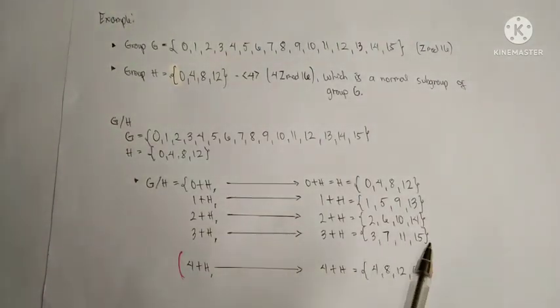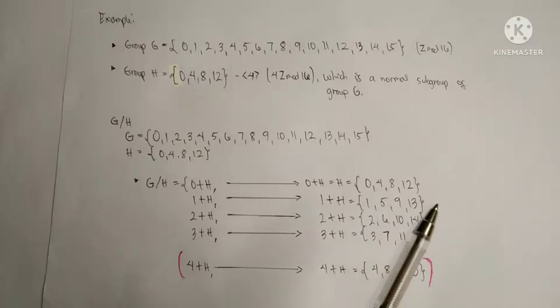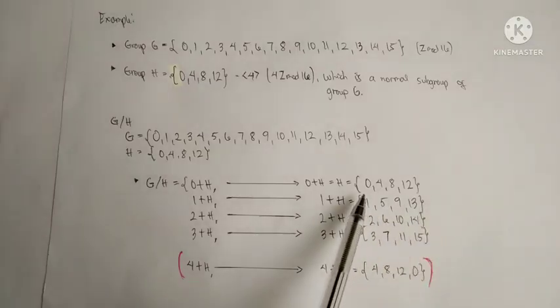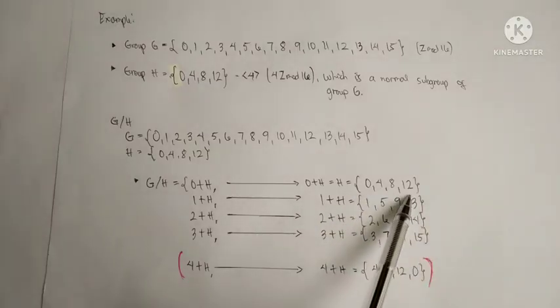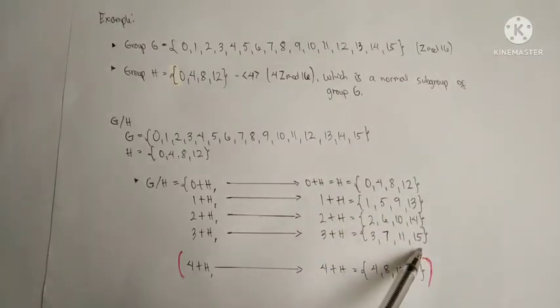We also know that we're going to have 4 cosets in our factor group. These are {0, 4, 8, 12}, {1, 5, 9, 13}, and so on.